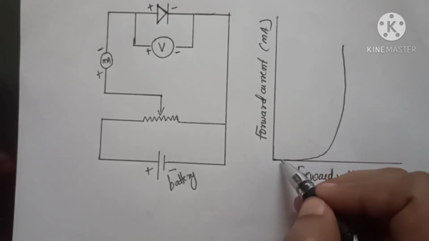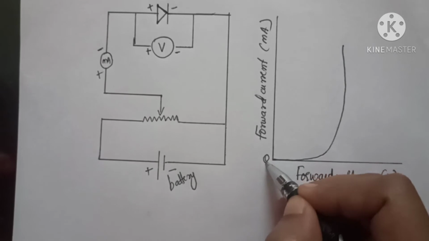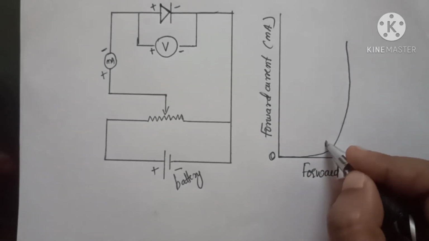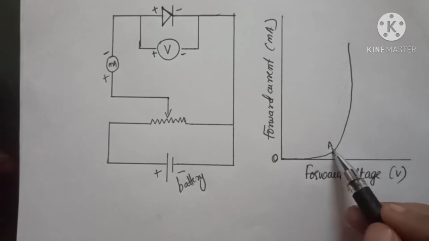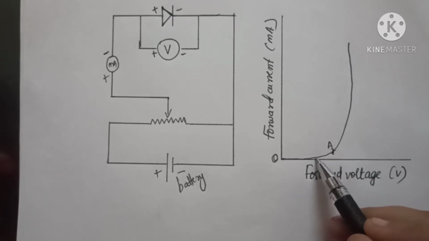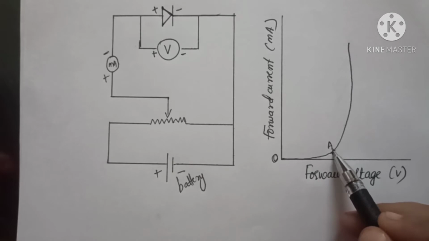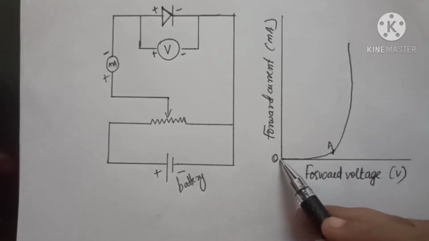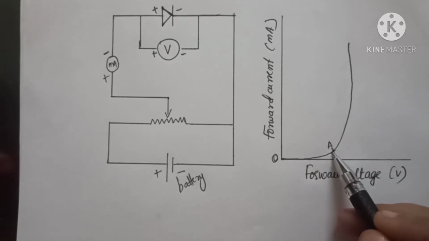So we can name it as O, and this is A. So in this portion, let it be the OA portion of the graph.